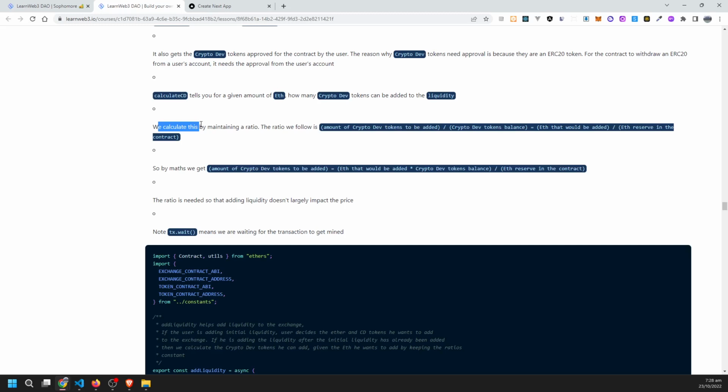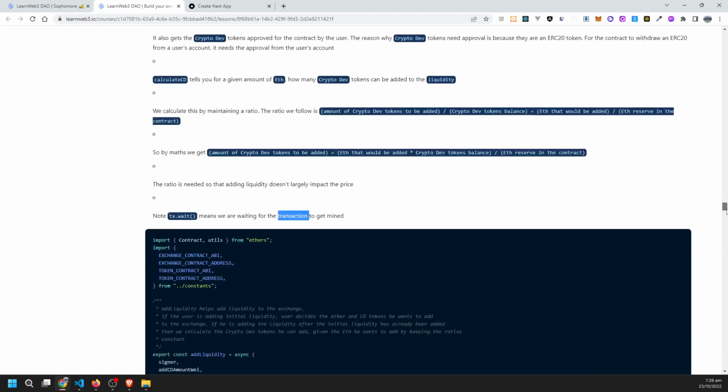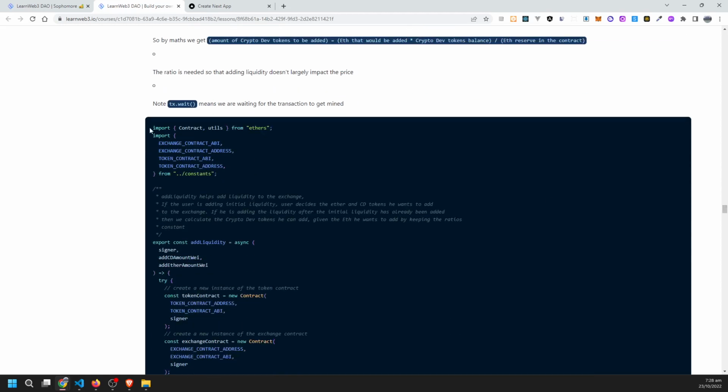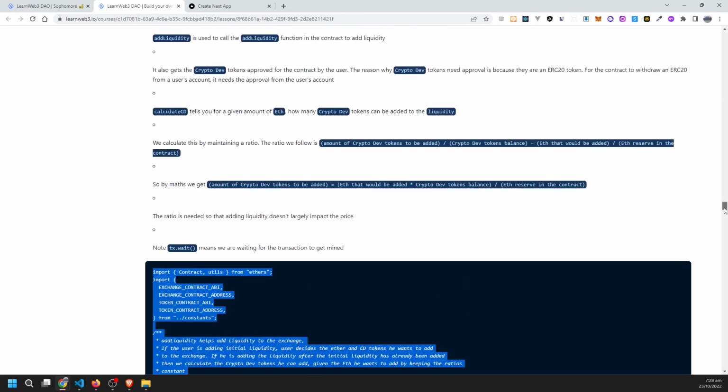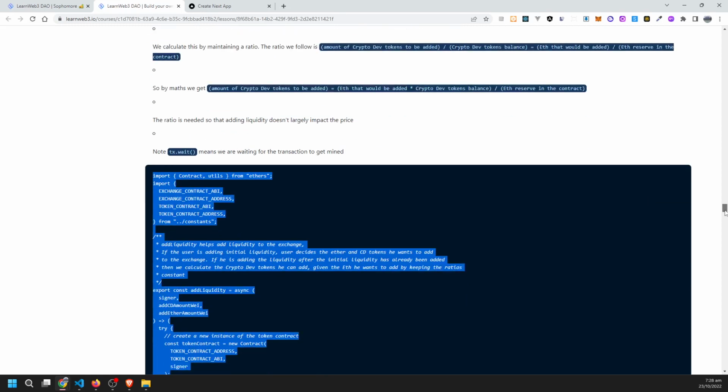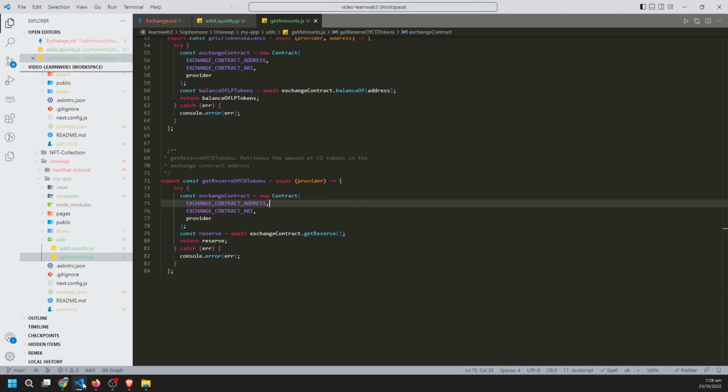So the ratio is needed so that adding liquidity doesn't largely impact the price. Note that tx.wait means we are waiting for the transaction to get mined. Now let's copy this code. We are adding it in addLiquidity.js.